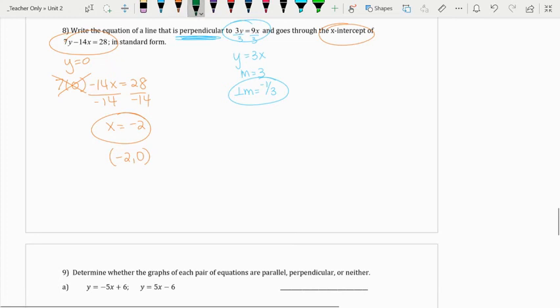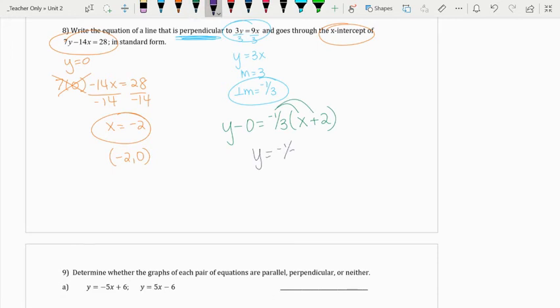So now we can put it in point slope form. Y minus 0 equals -1/3 x plus 2. All we have to do here is distribute the -1/3, and we get -1/3 x minus 2/3.